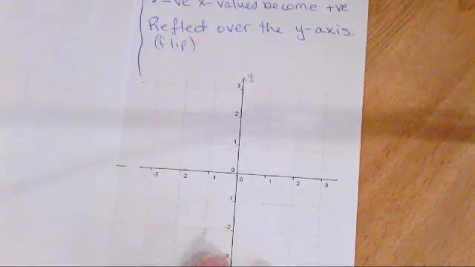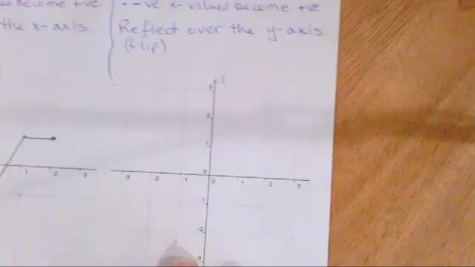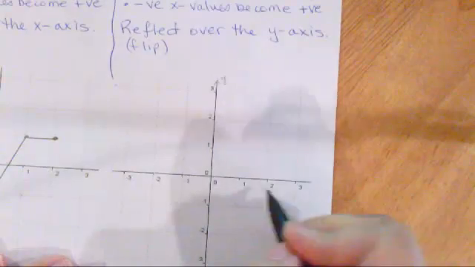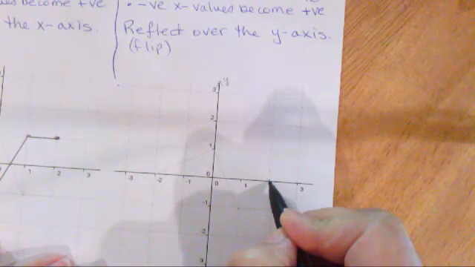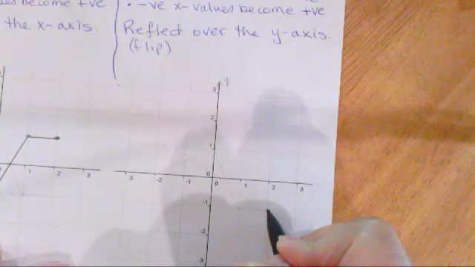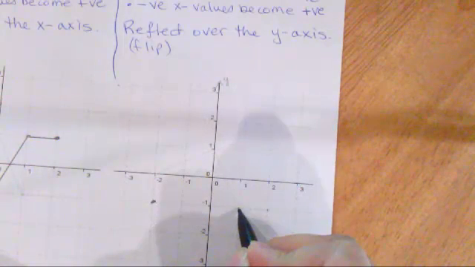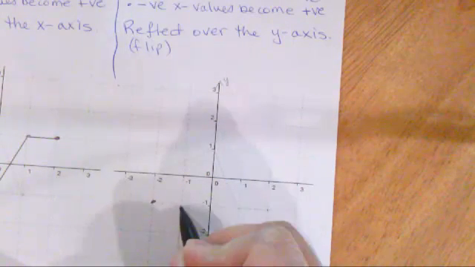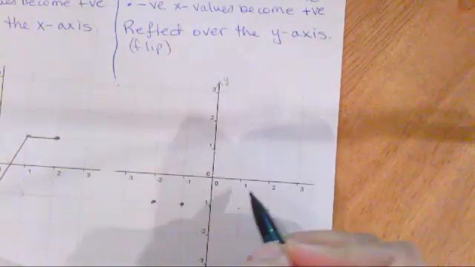Okay, so let's do that example. We need to look at all of our x values. Here we've got x equals positive 2. It's going to become negative 2, so that's where this point goes. Then we have x equals 1, that's going to become negative 1. I want the y's to stay exactly the same.